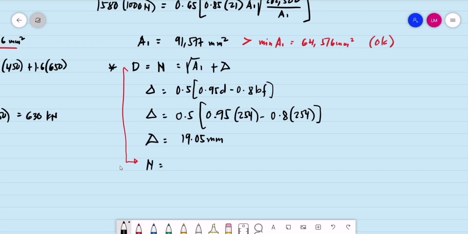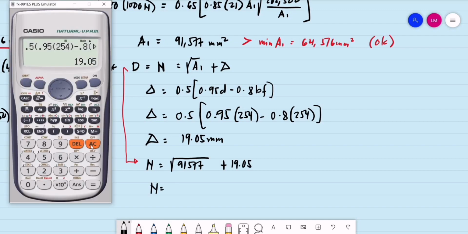So we have N is equal to the square root of, what is our area 1? This 91,577 plus the delta 19.05. So we have the square root of 91,577 square millimeters plus the 19.05.